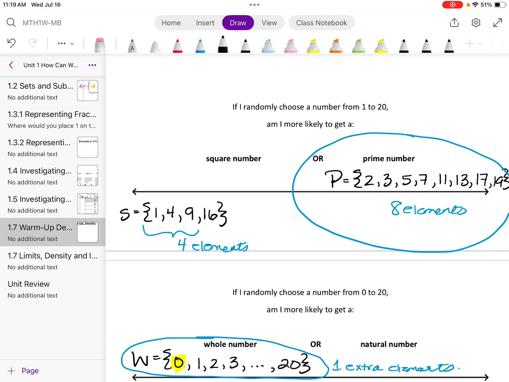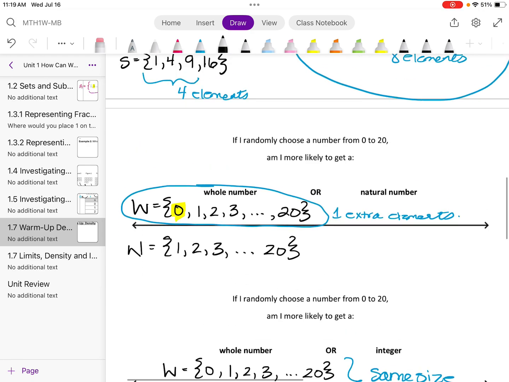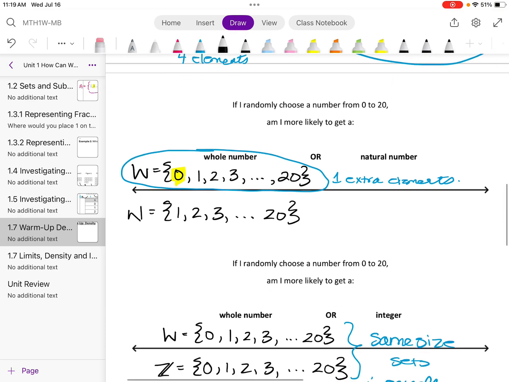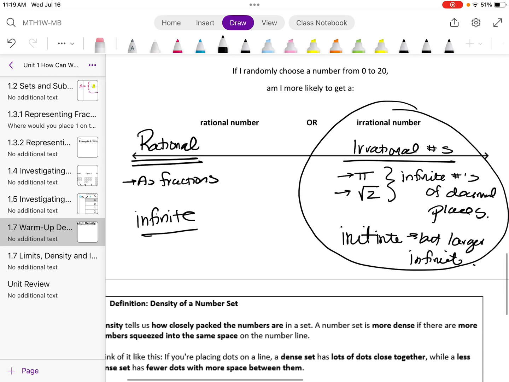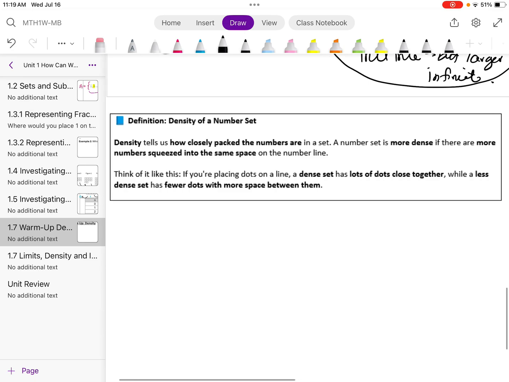Prime numbers are more dense than square numbers. My whole number set is more dense than natural numbers because there are more of them. My whole numbers and my integers, when I'm comparing them between 0 and 20, are the exact same size. So in this example, they had the same density. I hope this helps you understand what density means.